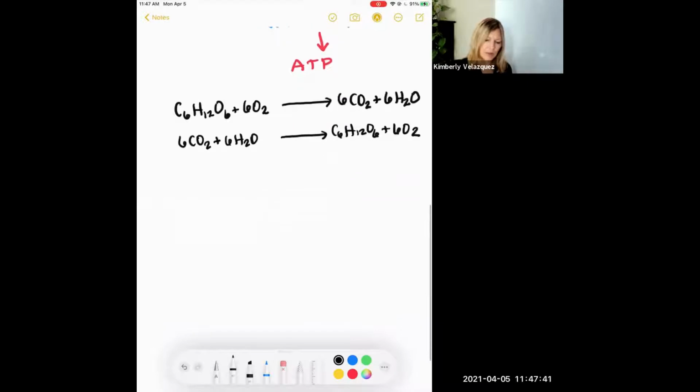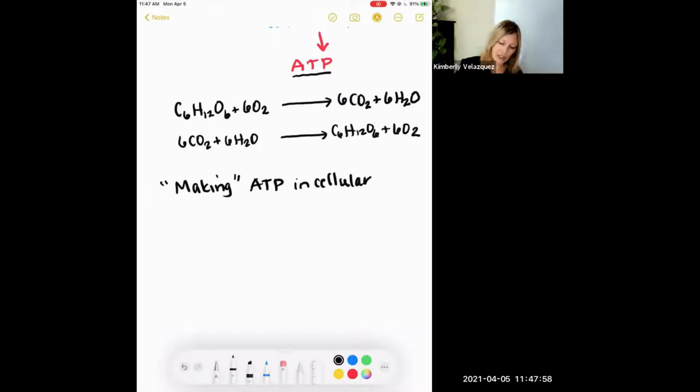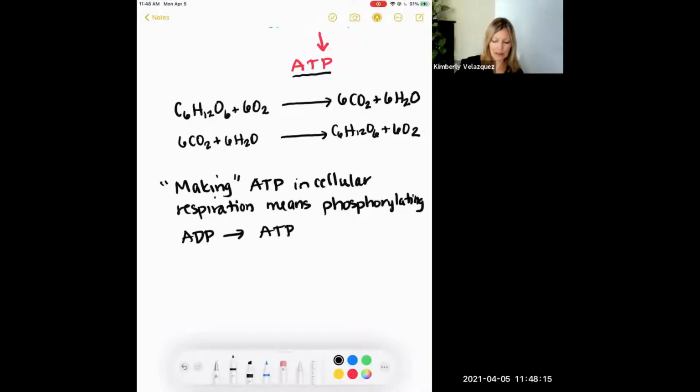Okay, I also want to remind you what it means when we say make ATP during cellular respiration. Making ATP in cellular respiration means phosphorylating ADP to ATP.